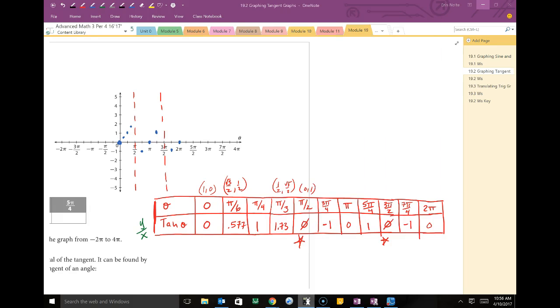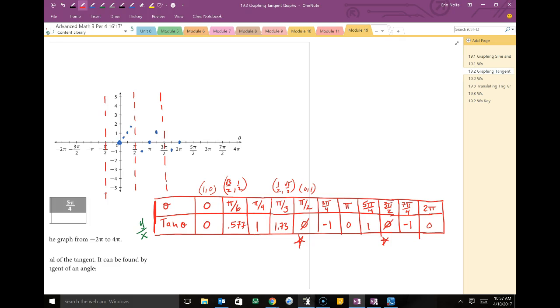Okay, so what I want you to draw is that the asymptotes are going to occur how often? No, it's not every 90 degrees.